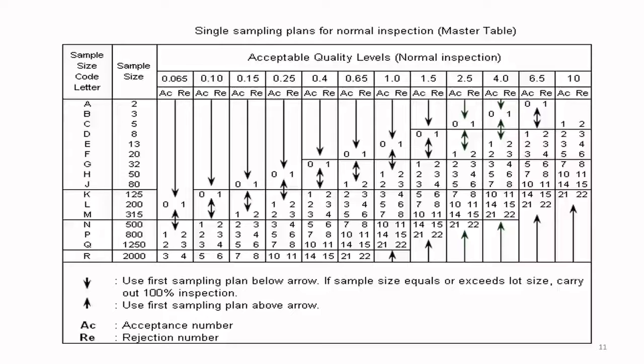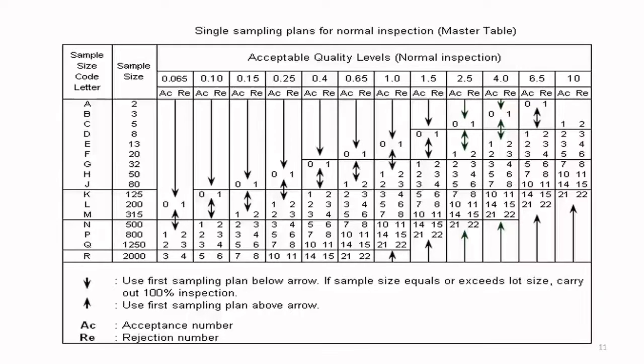Now, if from the previous table you got the alphabet E for elephant, then the sample size is 13. You have to take out 13 samples to check. If the AQL is 6.5 and your alphabet is E, then if you move horizontally from E, at AQL 6.5, with 2 rejections you are safe, with 3 rejections your shipment will get rejected.